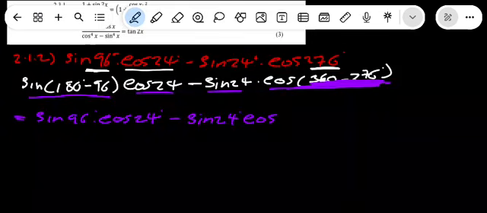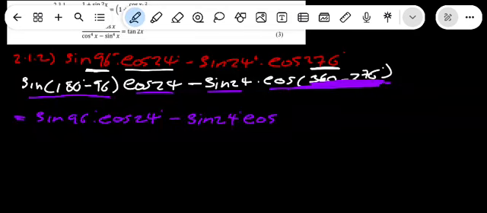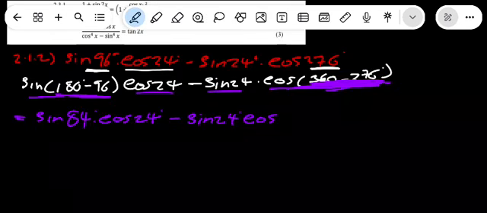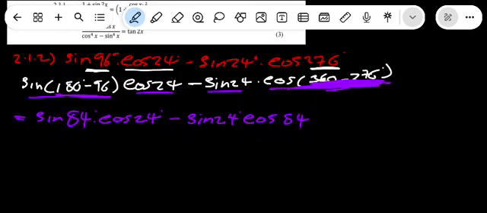When we subtract, when I punch the calculator here, the angle will be 84. 360 minus 276 is 84 degrees.